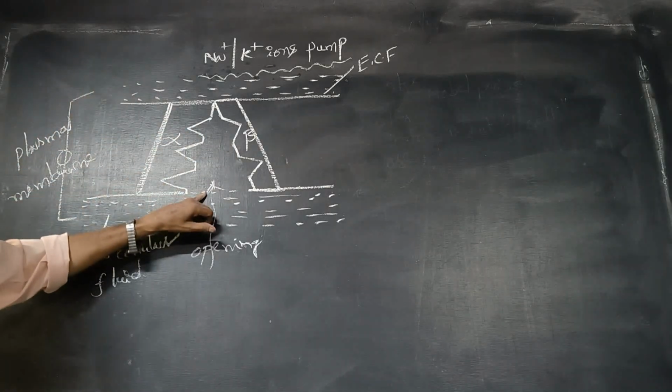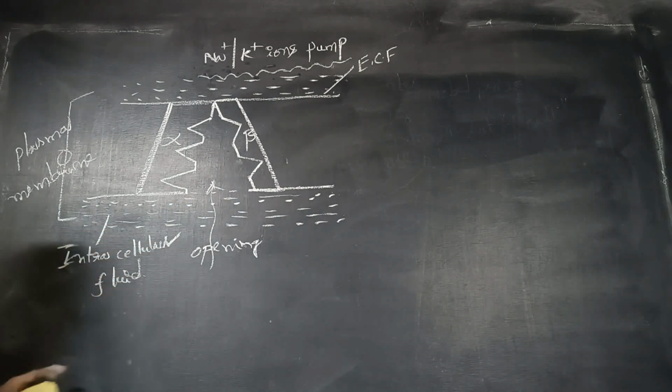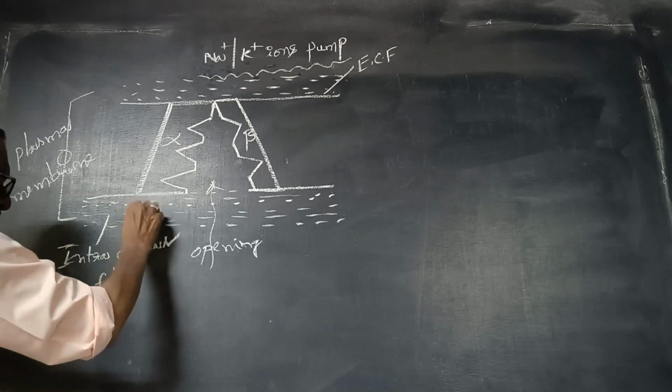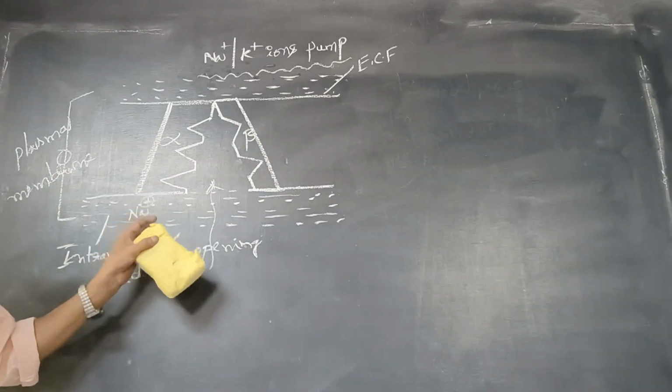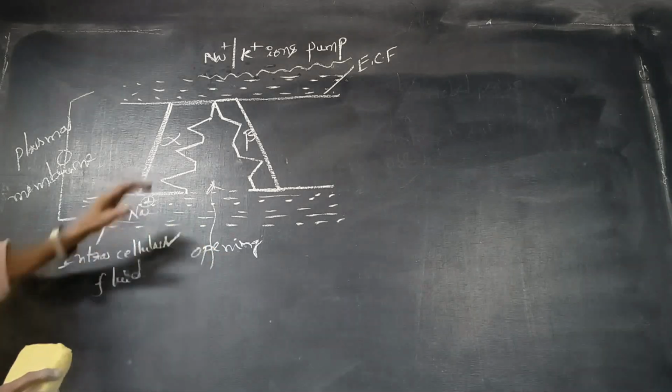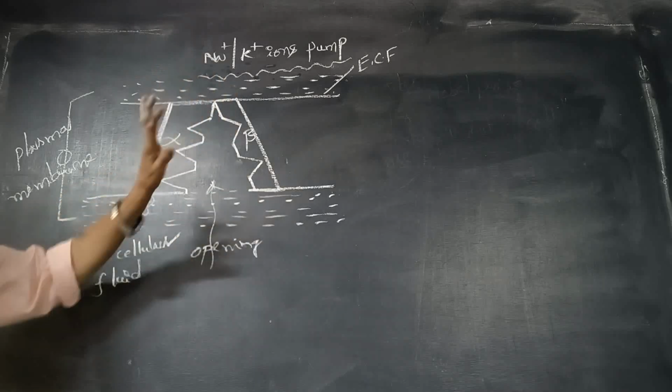Now this is the opening. In the intracellular fluid we have sodium ions, and potassium ions are also present here. In the extracellular fluid also sodium and potassium ions are present.